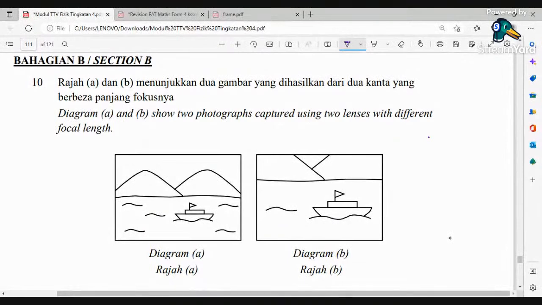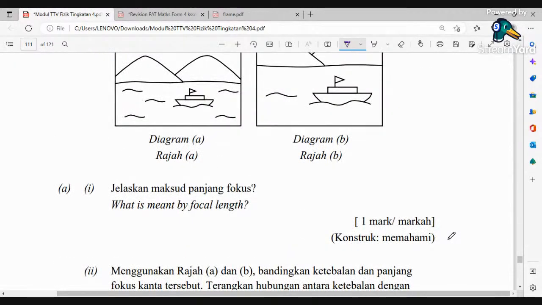The two photographs captured using two lenses, different focal length. You nampak saiz tak sama. What is meant by focal length? Apa maksud focal length? Okay.